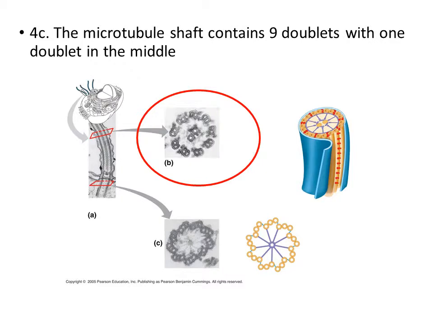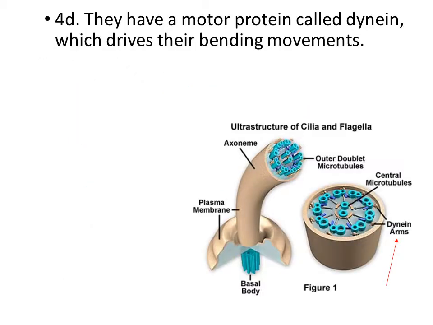In reference to the shaft of the flagella or the cilia, that shaft contains 9 doublets in a circle with 1 doublet in the middle. The cilia and the flagella will have a motor protein called dynein.